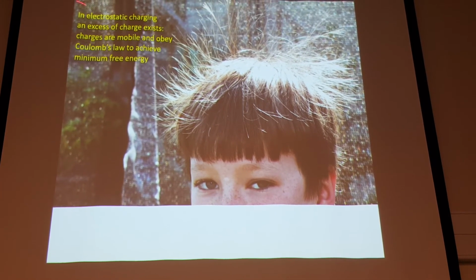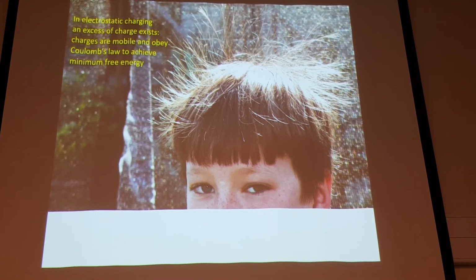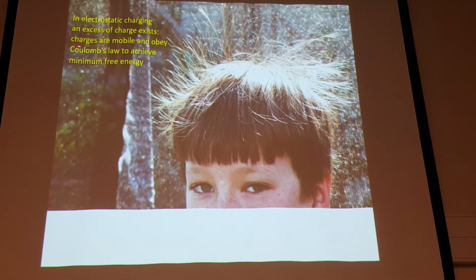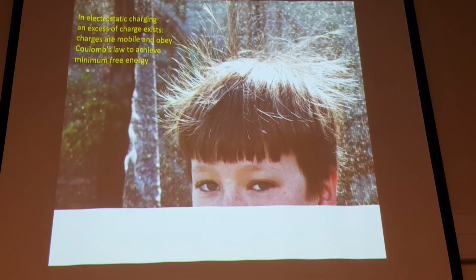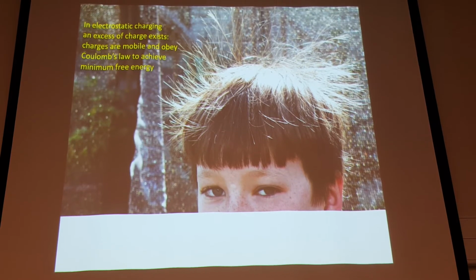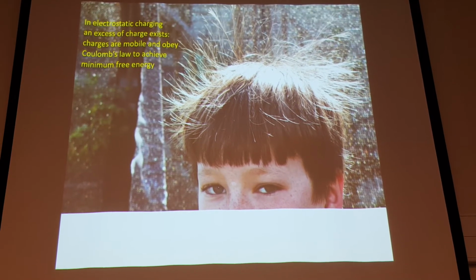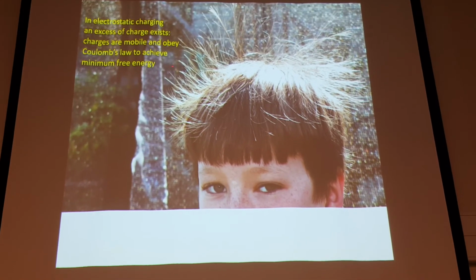Here's an example of protons that are in charge that is in excess. This is electrostatic charging. Okay? In the case of electrostatic charging, you have an excess of charge. The charges are mobile, and they obey Coulomb's law. Okay? So Coulomb's law basically means that they will partition themselves equally amongst the available surface area to achieve minimum free energy.